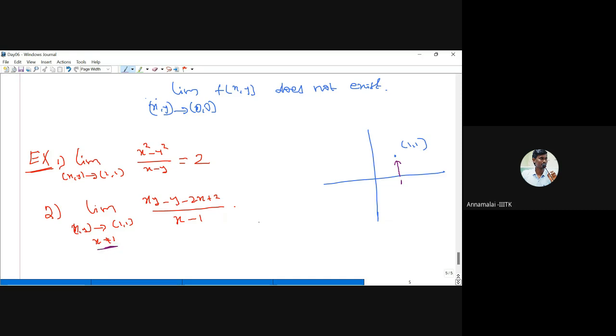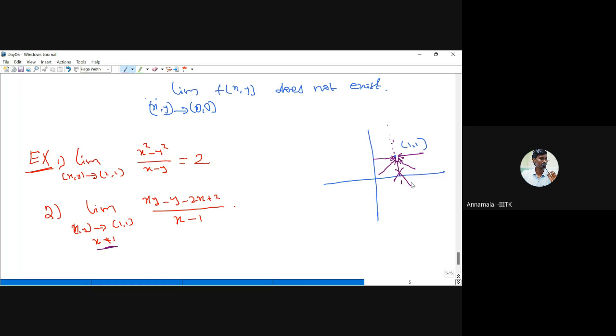That is, x not equal to 1 means don't consider this path. Except this path you can take any path, so you can approach the point via this direction or this direction. You don't consider this line x equal to 1. So you can approach from any direction to this point. So what is the limit? Don't consider this direction, that is given by x not equal to 1.